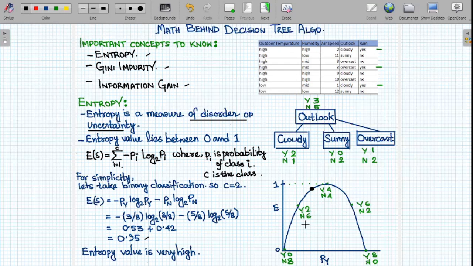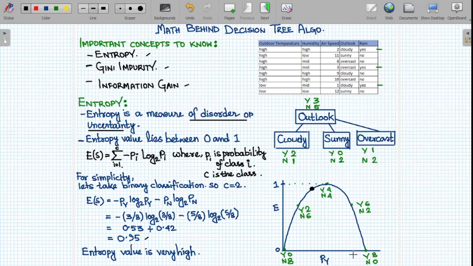Let's see this graph now. In this graph, on the y-axis I have plotted entropy, and on the x-axis the probability of yes. Now the probability of yes is 0 when we have 0 yes samples among a total of 8 samples. The probability of yes will be 1 when the number of yes is 8 and the number of no is 0.